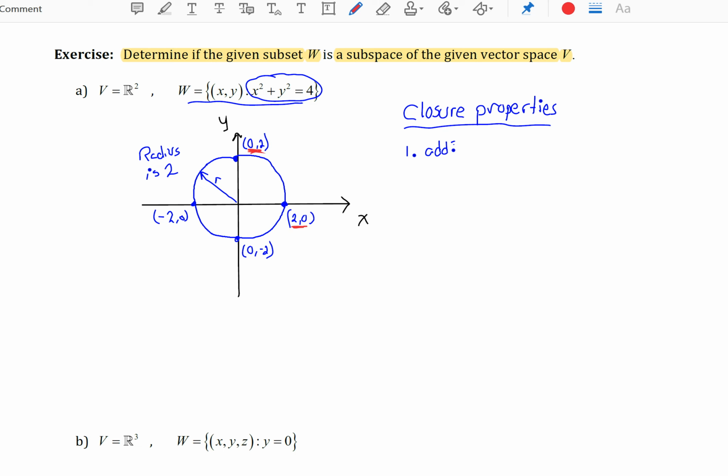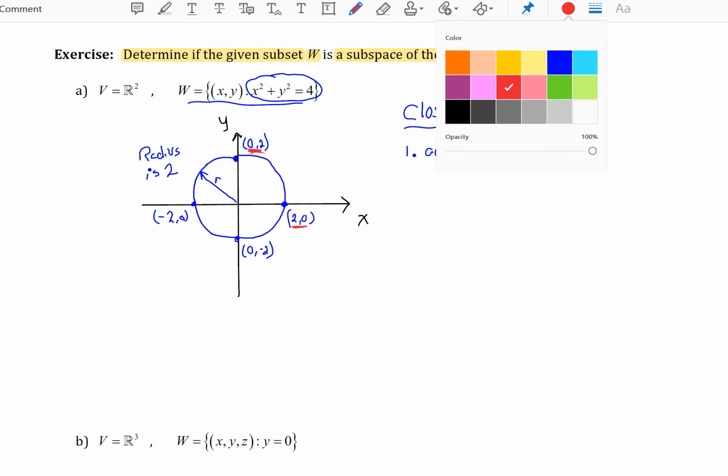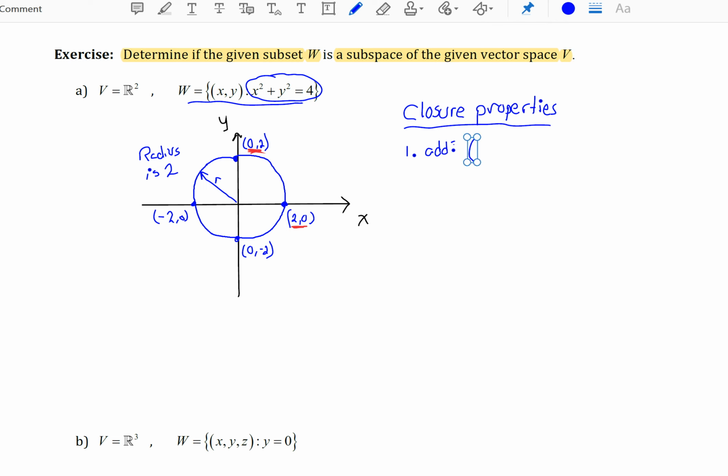These both live in W. So 2, 0 plus 0, 2. This would be 2, 2. Is 2, 2 a solution? Notice that 2, 2 would be approximately here. And 2, 2 is not a solution. It's not part of W.